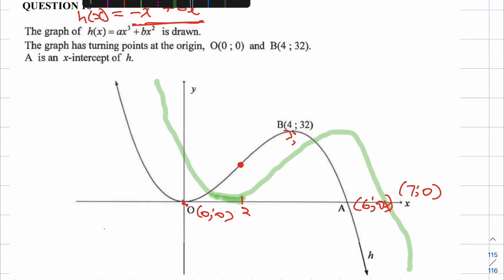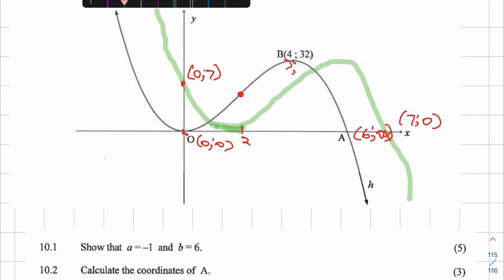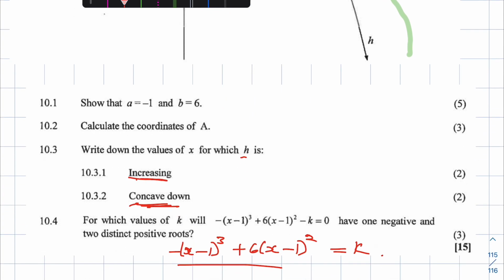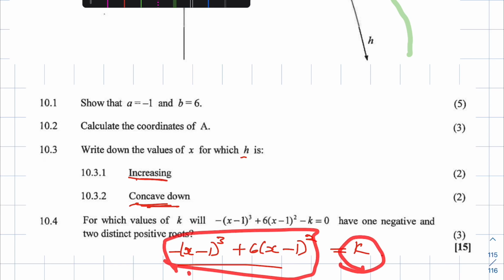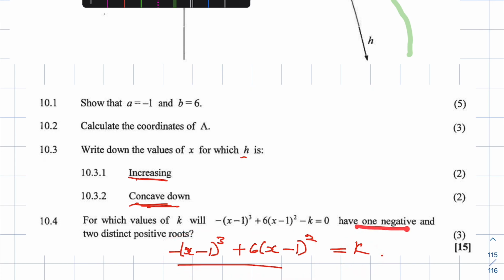So this point is going to be 0 and 7. Okay. Now what you want to do here, you want this new graph that has been shifted 1 unit to the right, equal to k, to have one negative root and two distinct positive roots.